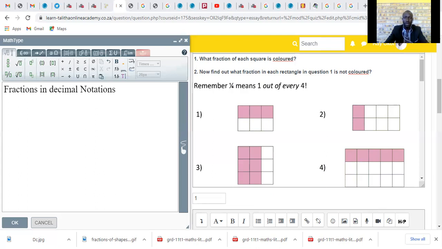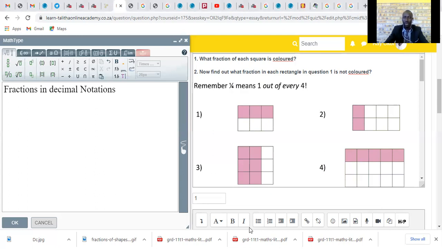Fractions were invented so that any quantity can be described accurately. So now we will move into how we convert fractions from one form, decimal, say, to the other.